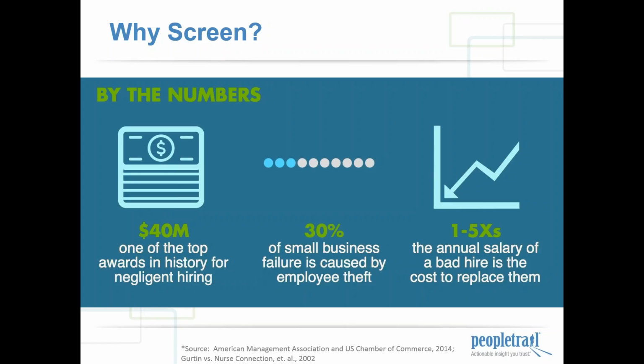So 30% of small business failure is caused by employee theft, and I know a lot of enterprise businesses aren't missing a lot of these things that are going out, but it does cost money. It may not fail a larger or mid-sized company, but it's an interesting statistic that small businesses' failure is actually caused by employee theft. So it does have a significant impact on business, and I think that's important to look at.